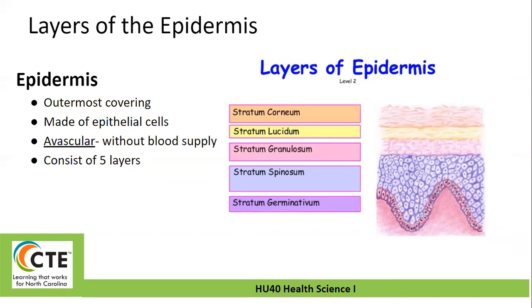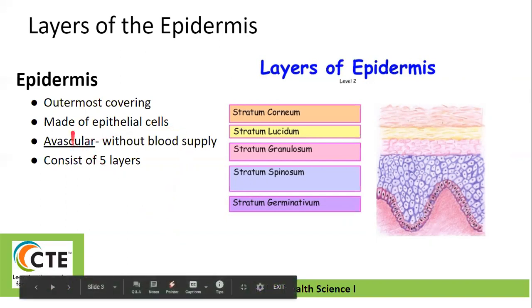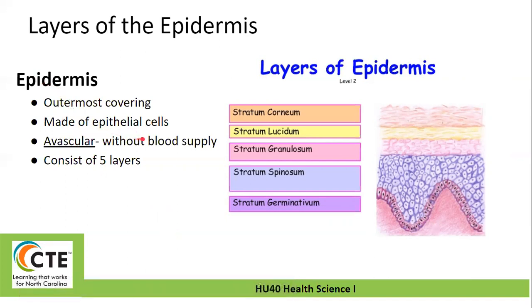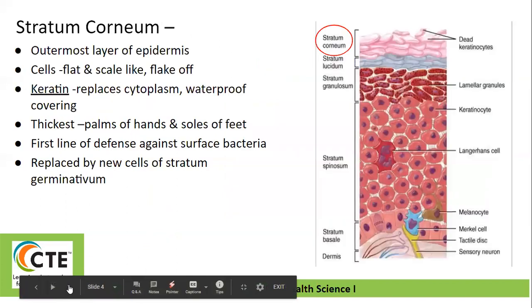Now it might get red, but it's not going to bleed because there are no vessels there. Now, if you scratch deep enough, then you're going to get into the dermis, where you have blood vessels and capillaries. And the epidermis is made up of epithelial cells. Okay. All right.